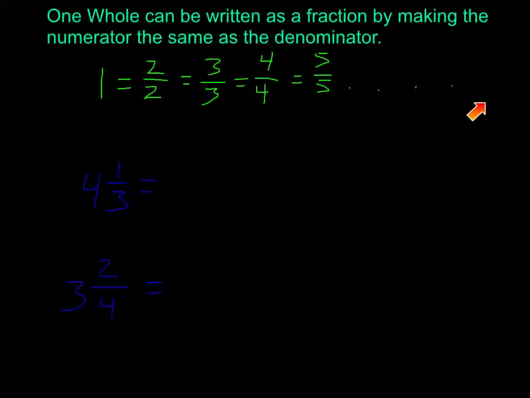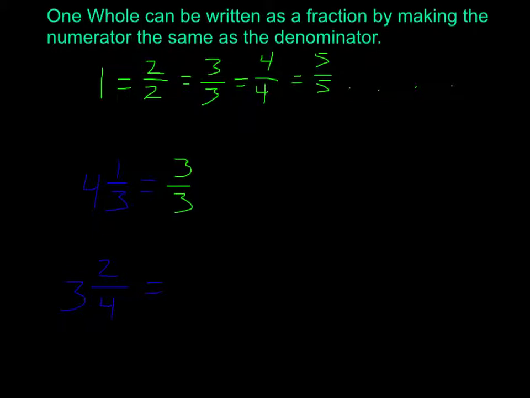So we're going to grab a pen here. 4 is our whole number here, so we're going to take that 4 and make it into a fraction with a denominator of 3, or 4 fractions with a denominator of 3. We're talking about thirds here, so 3/3 is one whole, and we need 4 of those.